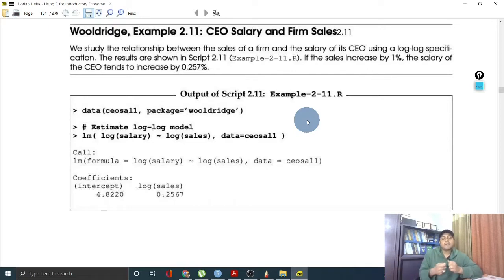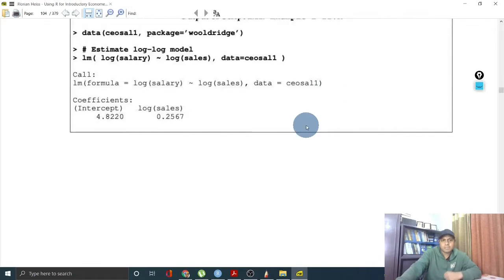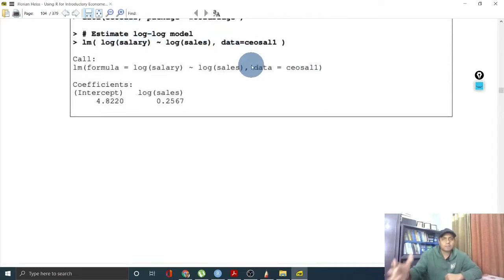And remember my dear learners, in OLS assumptions, one of the most important assumptions, in fact the first assumption, is linearity. The ordinary least squares model is supposed to be a linear model. So linearity is a very important assumption for OLS regression. That's how we can convert a non-linear function to a linear function. We are using log as a method of doing that.